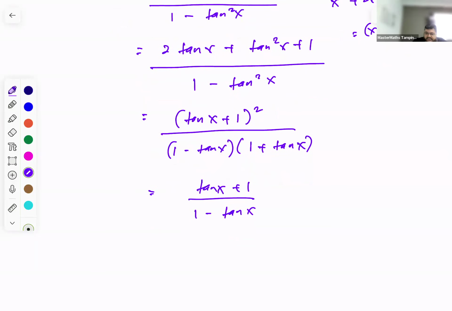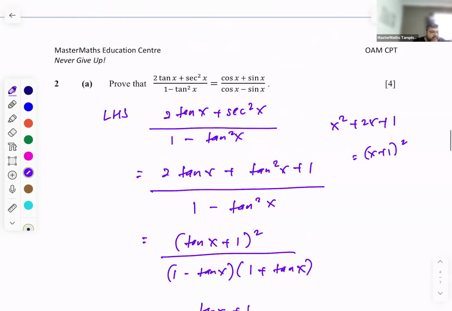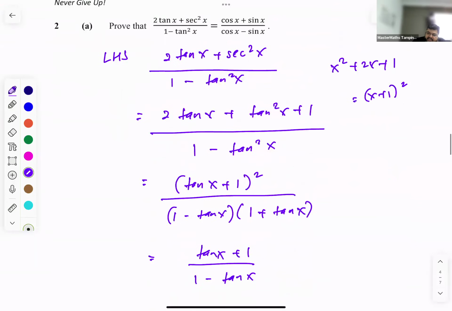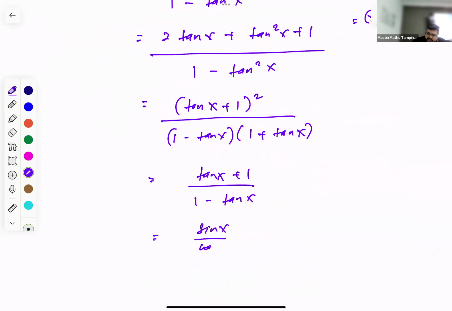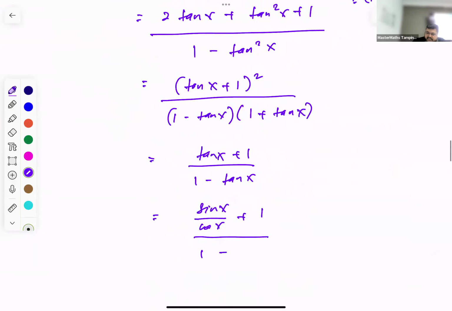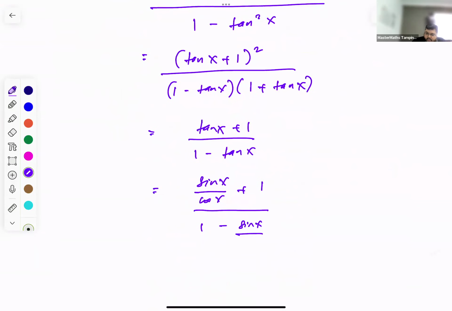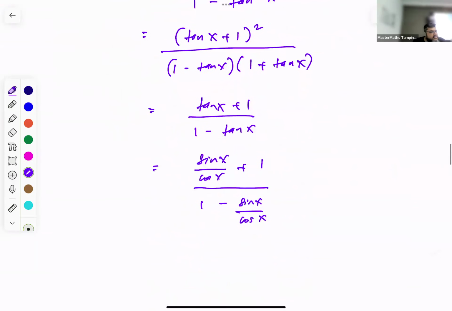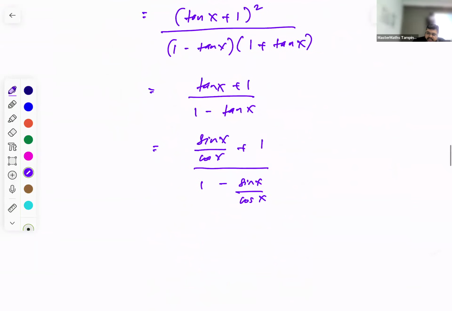Now here, they want cosine and sine. So now you do. Sine x over cos x plus 1, over 1 minus sine x over cos x. You make it the same denominator.